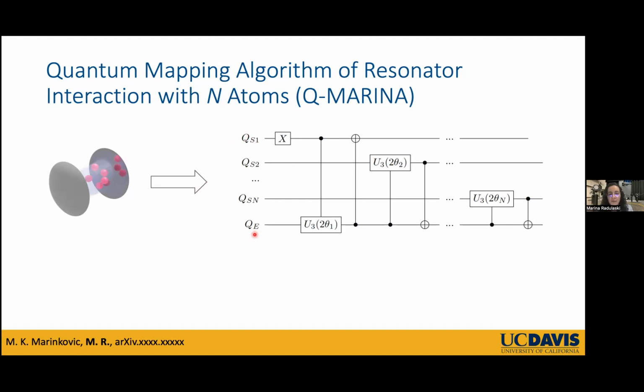Okay, so we have n+1 qubits. The first n qubits represent n atoms, and the last one represents the lossy cavity. So basically, whether a photon is in the cavity or in the environment, it will be combined in this last qubit. Then we make the first atom excited by using an X gate, and then we continue coupling each atom with the environment using a pair of entangling gates.